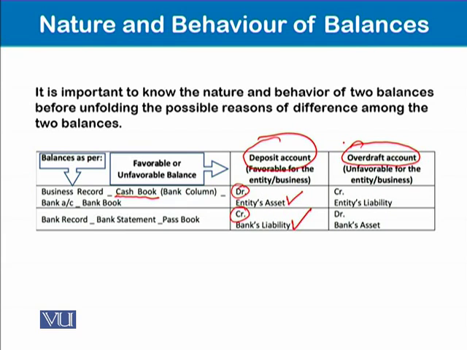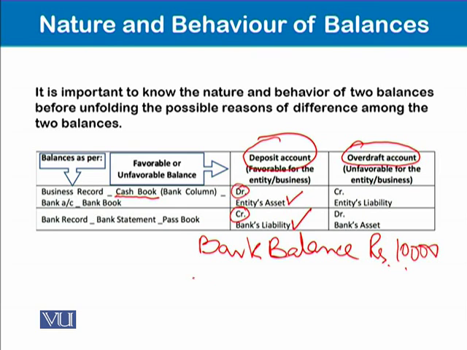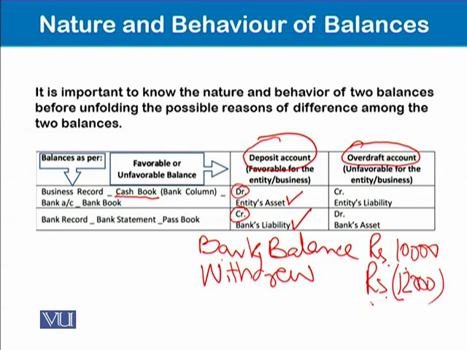Let me discuss this through an example. Supposedly you had a bank balance of 10,000 rupees. But based on a facility, you withdrew rupees 12,000 from the bank. What does it mean?